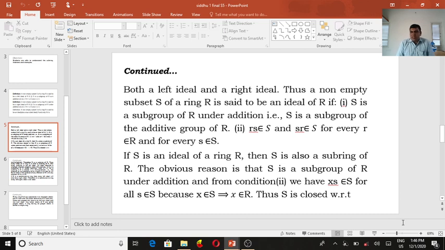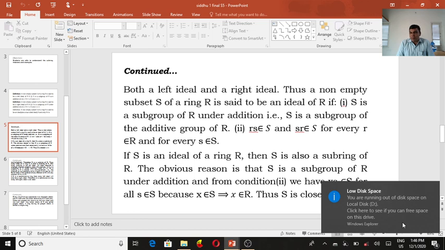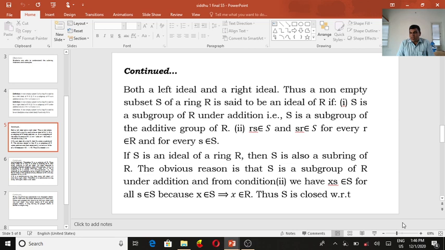Thus a non-empty subset S of a ring R is said to be an ideal of R if S is a subring of R under addition, an additive group, and rs and sr belong to S, where r is an element of R and s is an element of S. This is the definition of an ideal.